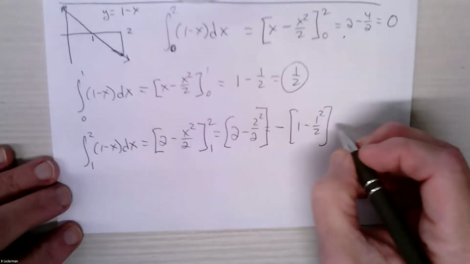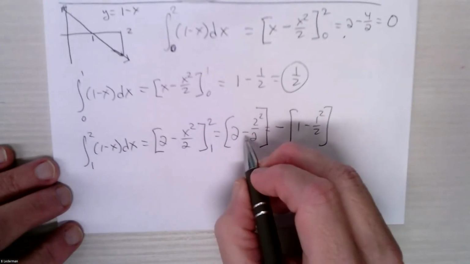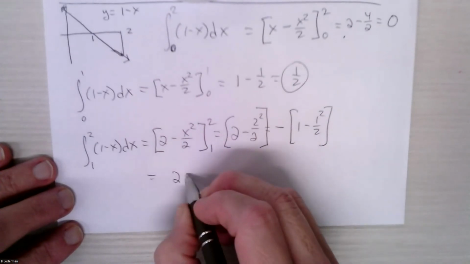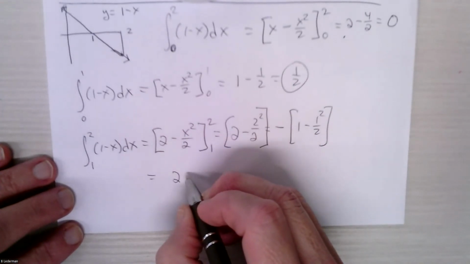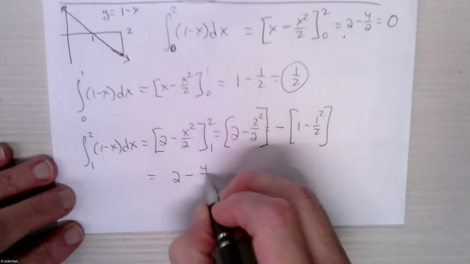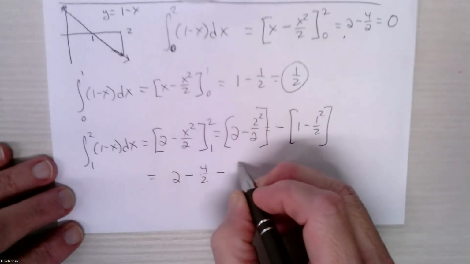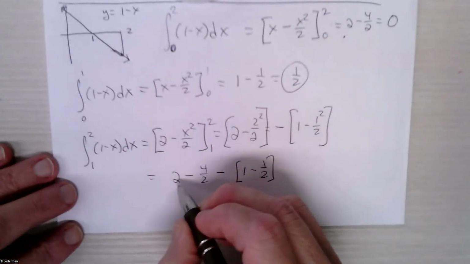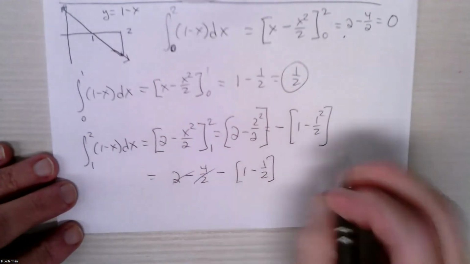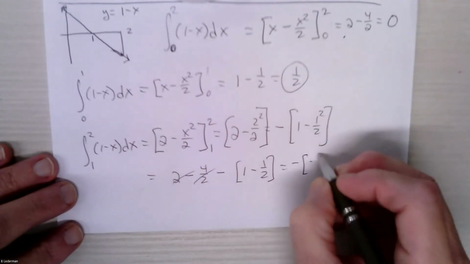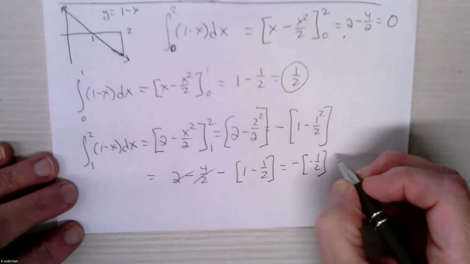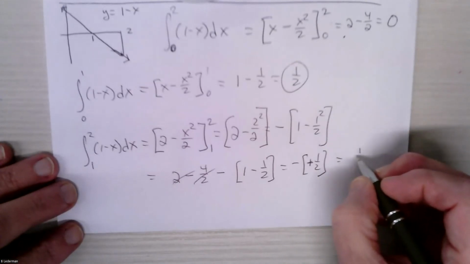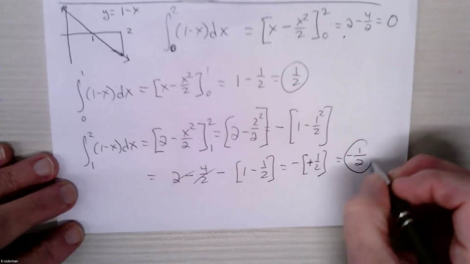That's 2 minus 4/2, minus 1 minus 1/2. So this is just 2 minus 2, which is 0, and this is minus 1/2. Negative, positive 1/2, which is finally negative 1/2, which is what we'd expect.